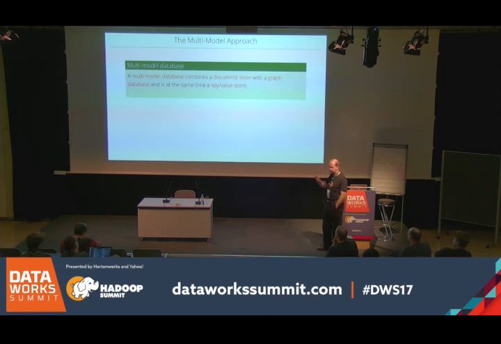So it's a good thing to store your vertices and edges in a document store, because quite often the labels and types and so on of your edges and vertices are diverse and not very uniformly structured. And since a document store is essentially a key value store where the values are JSON documents, and JSON is very versatile, it is easy to combine a key value store as well.